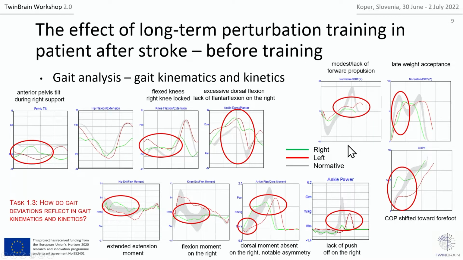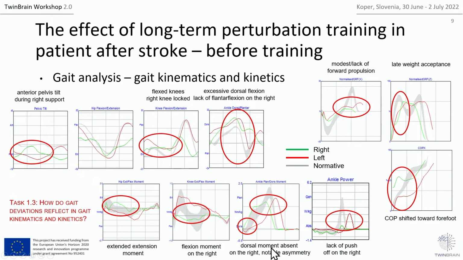From the kinetics part of the data we also notice an increased hip extensor moment, which is present to keep the pelvis and the torso in the increased forward tilt. We also notice that a knee flexion moment is present instead of the normal knee extensor moment on the right side, whereas on the left side the trajectory of the knee flexor moment is quite normal.